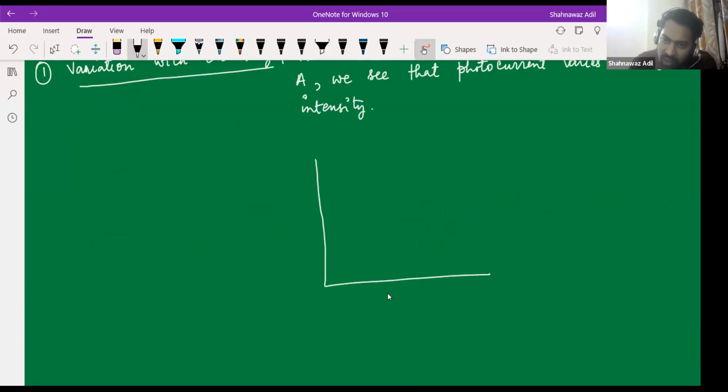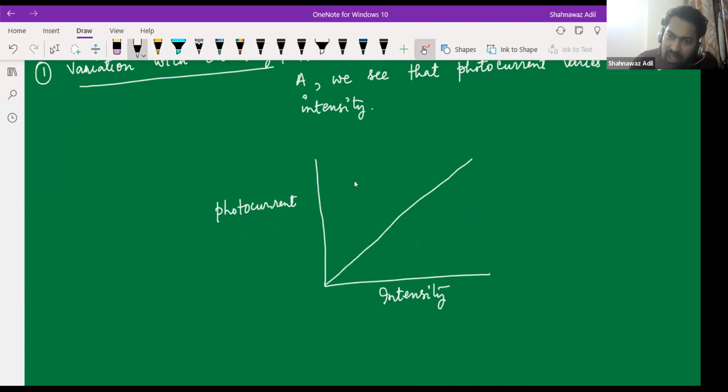This is our intensity, and this is our photocurrent. And this is how the photocurrent is varying.